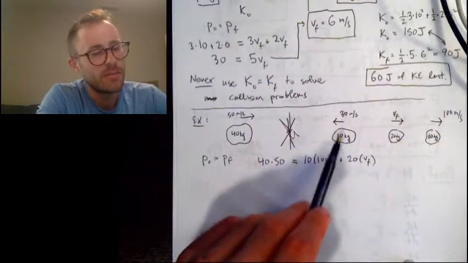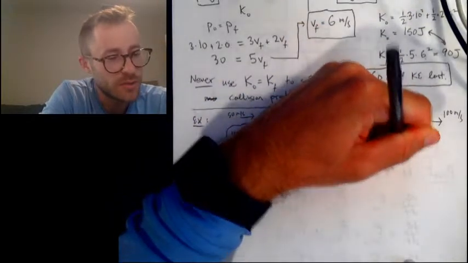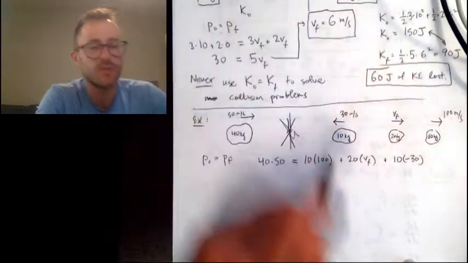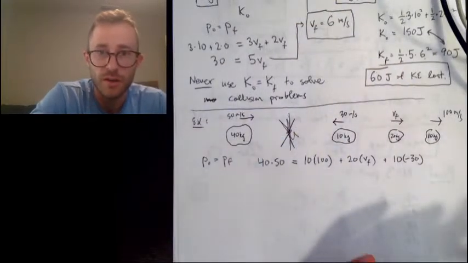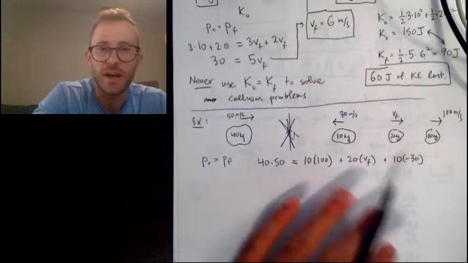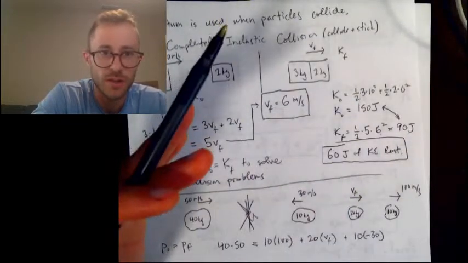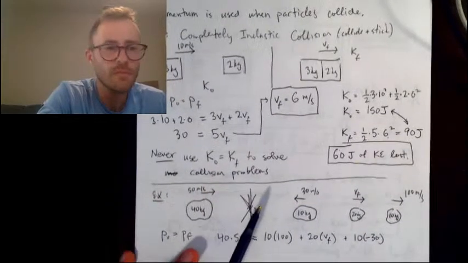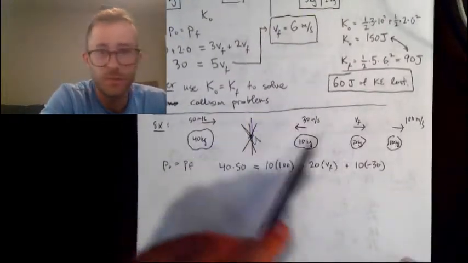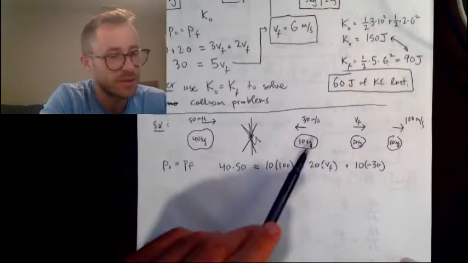And the momentum of this one, which is 10 times negative 30, because this chunk is going to the left. Momentum is a vector. For kinetic energy, because of the v squared, even going to the left you still had positive kinetic energy. But for momentum there's no v squared, so this one is just headed to the left.